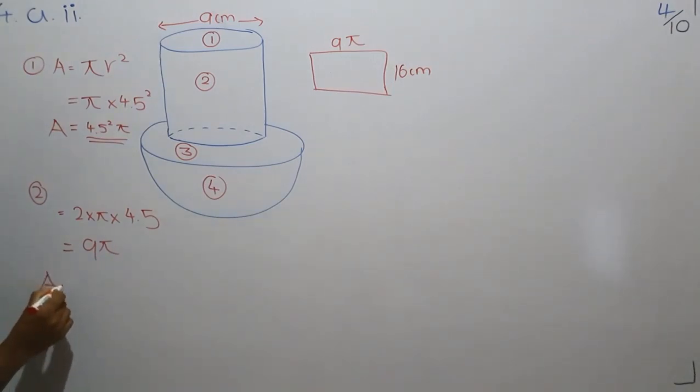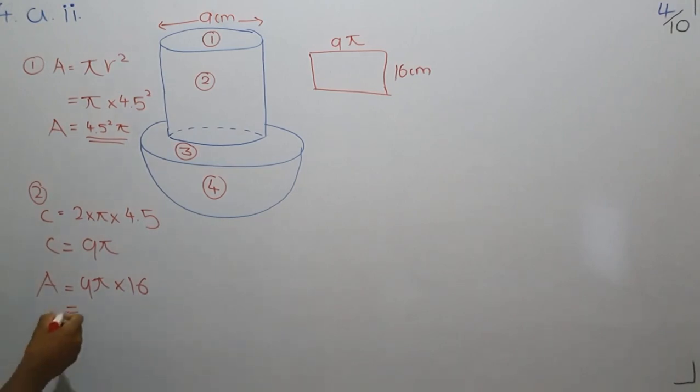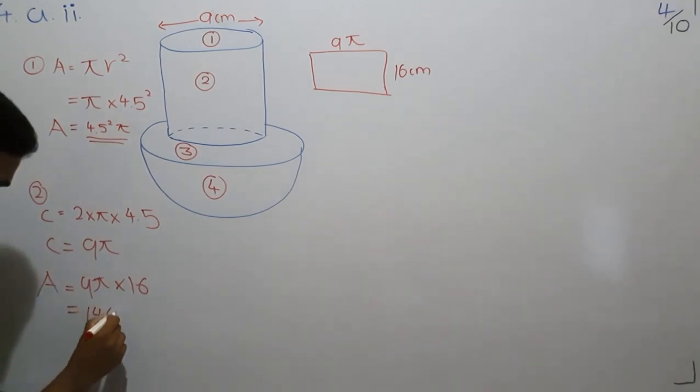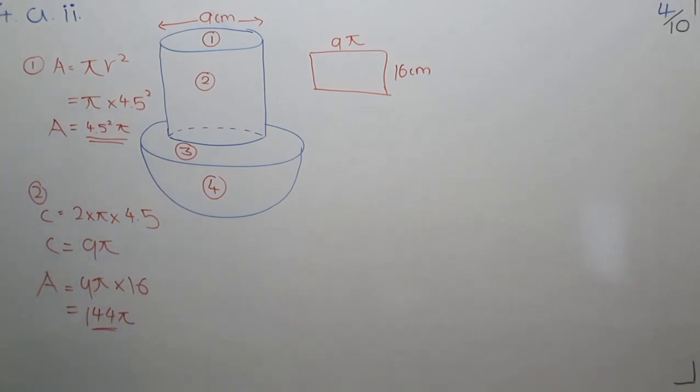Area equals circumference times height, 9 pi into 16. So area number 2 is 144 pi.